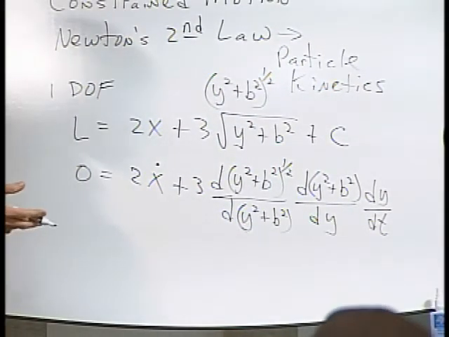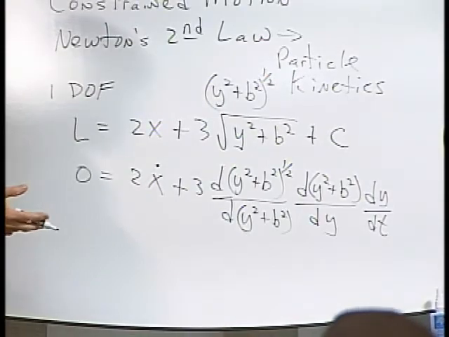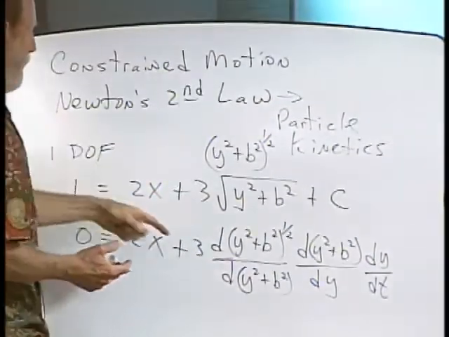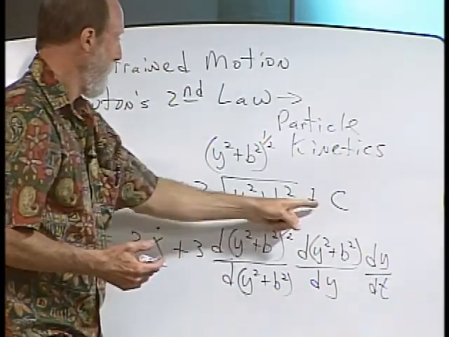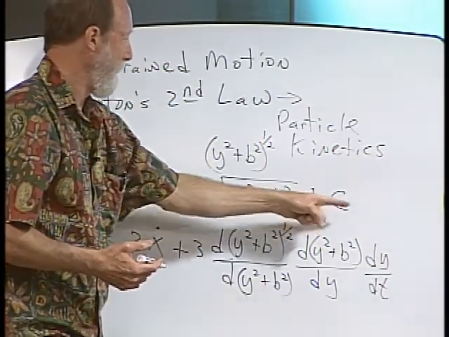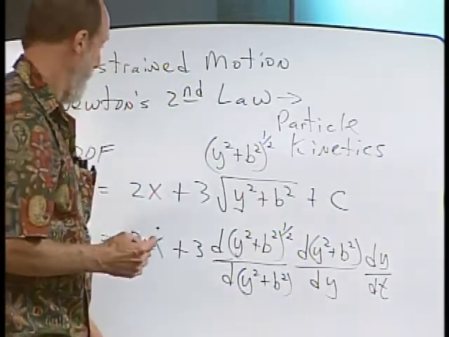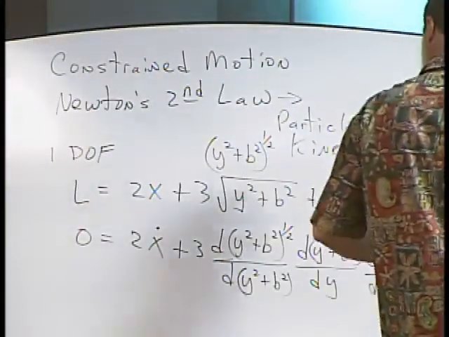Chain rule. You've been doing this since first term calculus. Plus the derivative of your constant there is 0. Okay, carrying on with that.